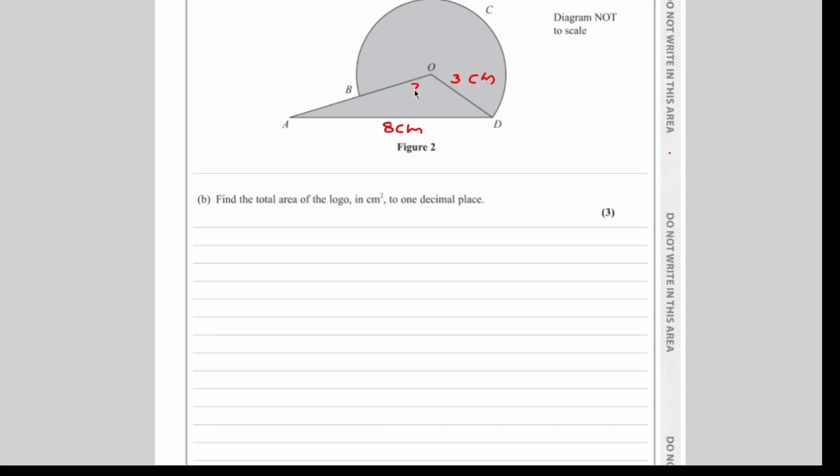And this is 2.5. And this is 0.415. And this we got as 0.226. Right, that's it. Now, how do we get the total area?